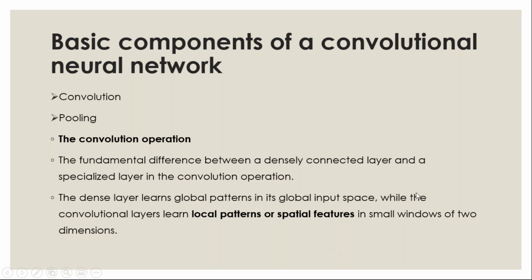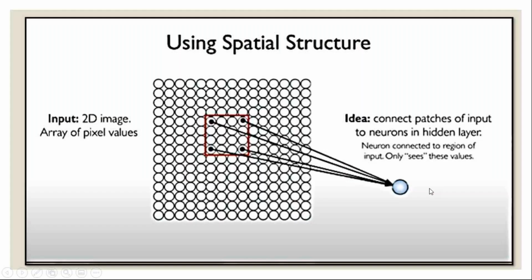What is convolution? What is the main difference between traditional and CNN? See here, in traditional, you have a fully connected network. Fully connected network means, see this picture, you have some 15 into 15 size image, right?